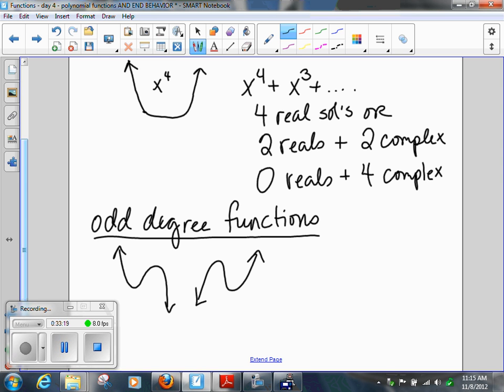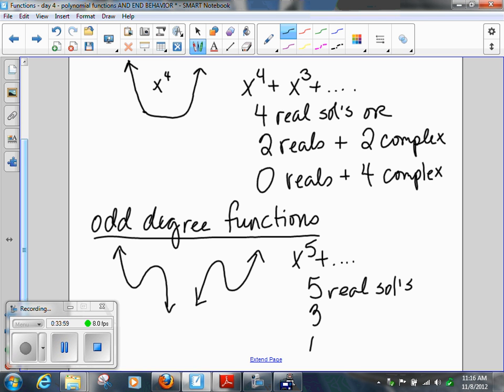Now that function that we are getting ready to work on is an x to the fifth function, right? And I'm going to put plus dot, dot, dot. How many possible real solutions could it have? If it is the fifth degree, it could have 5 x-intercepts. 5 real solutions. Or it could have 3 or 1. And then the rest of them are complex.